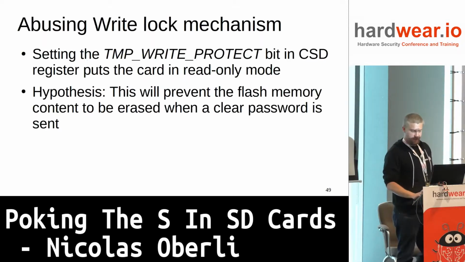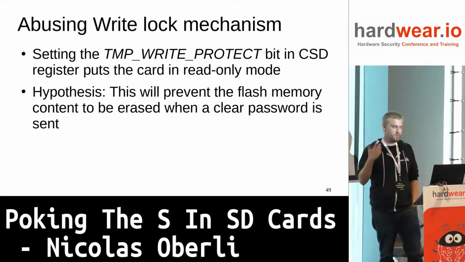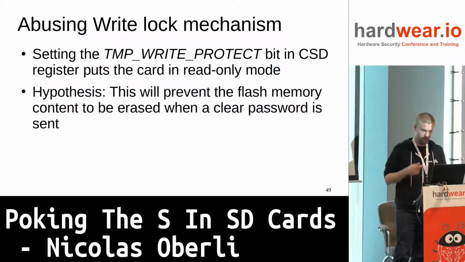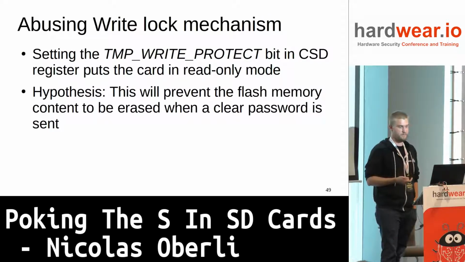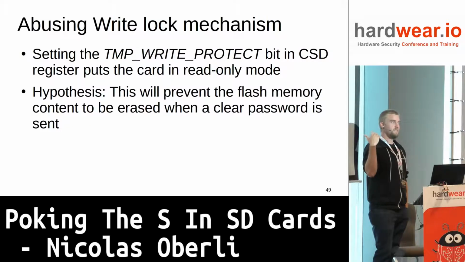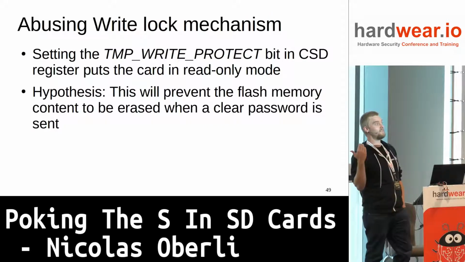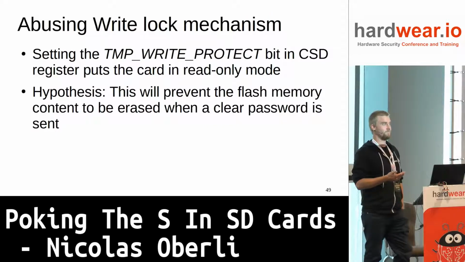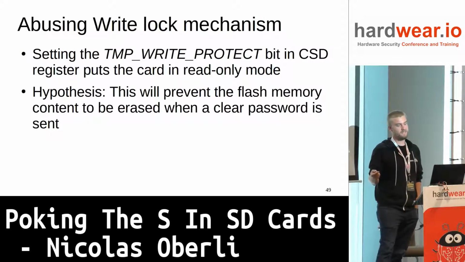So once I found this one, it was already cool, but I wanted to go a bit further. I took the second security feature, which is the write lock mechanism, and in my theory, I was thinking, okay, maybe if I set the write protection on the SD card, and then I ask the card to remove the password, maybe it will remove the password, but not overwrite the flash, right?